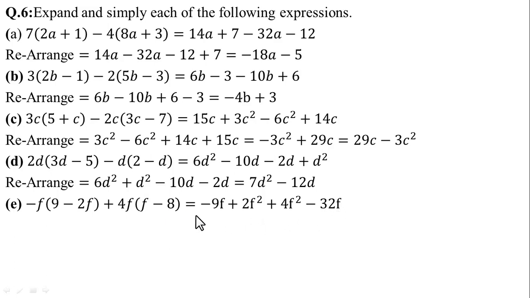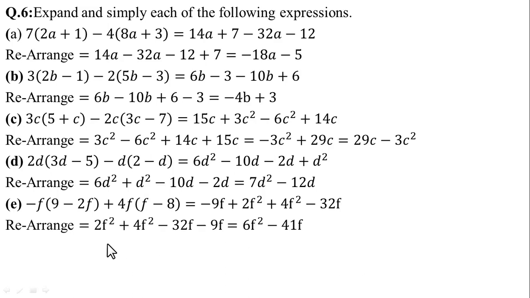Now the answer after the multiplication: minus 9f plus 2f square plus 4f square minus 32f. Now rearrange the values: 2f square plus 4f square is equal to 6f square. Minus 32 minus 9 is equal to minus 41. So the answer is 6f square minus 41f.